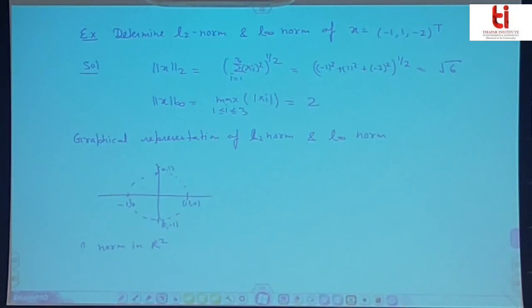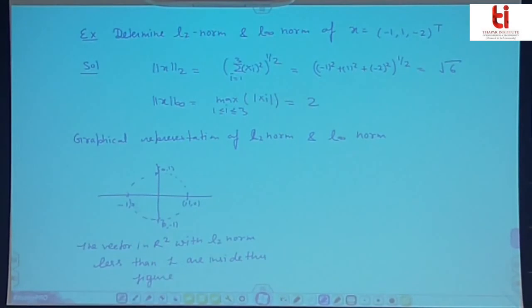So I can write it properly. The vectors in R2 with L2 norm less than 1 are inside this.